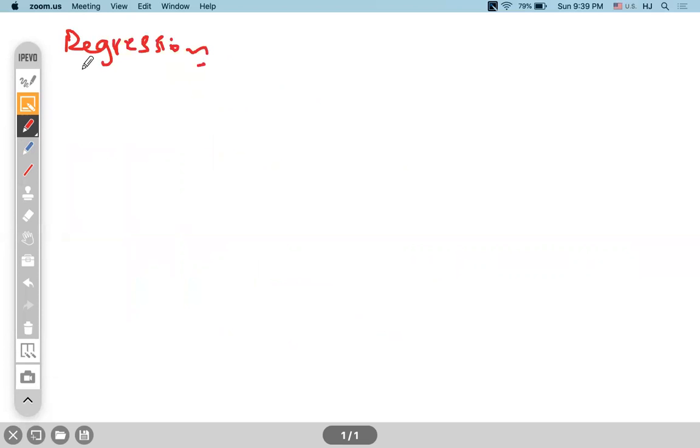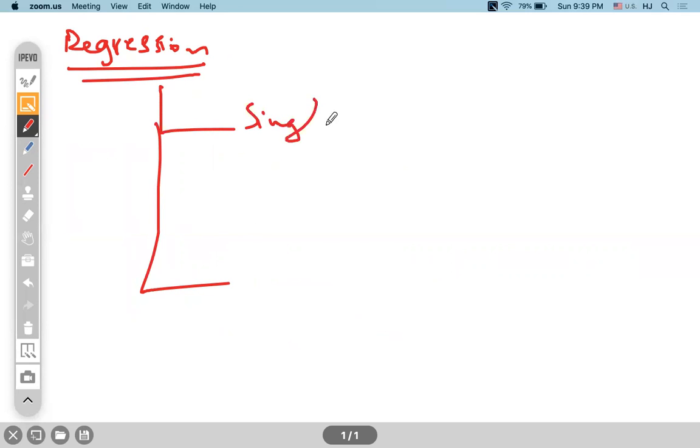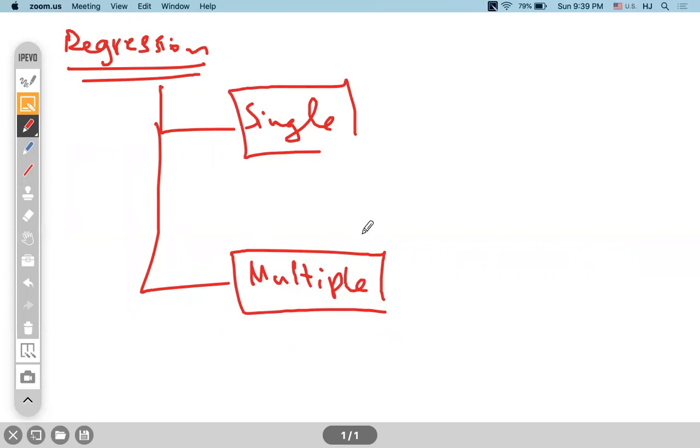But anyway, talking about regression, guys, as we said before, we have two types of regressions. We have single regression and we have multiple regression. With single regression, we try to find the line that fits the data so that we can use this line y hat with small amount of error to predict the value.